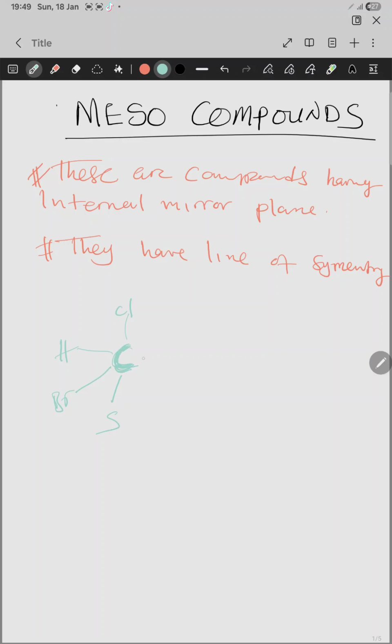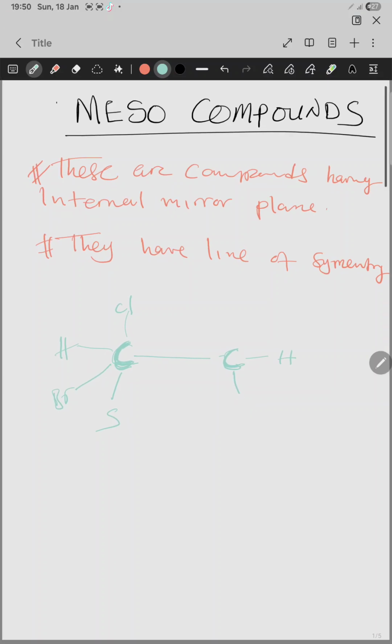Now, if you also have another chiral carbon like this, we have a carbon here, we also have a hydrogen, a chlorine there, then a Br, and also a sulfur.